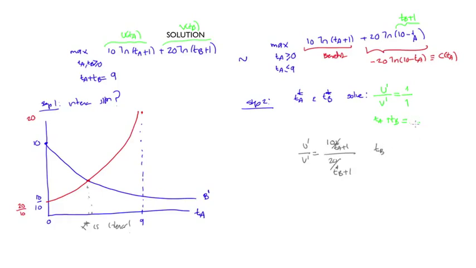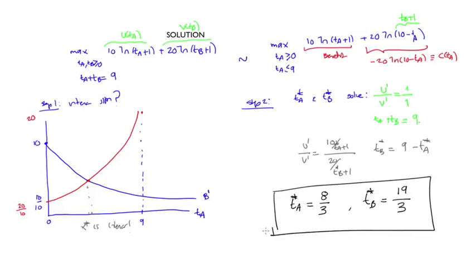I apologize, there was a typo there that should have been a 9. If you do some algebra, you find that TA is equal to 8/3 and TB is equal to 19/3 at the optimum.